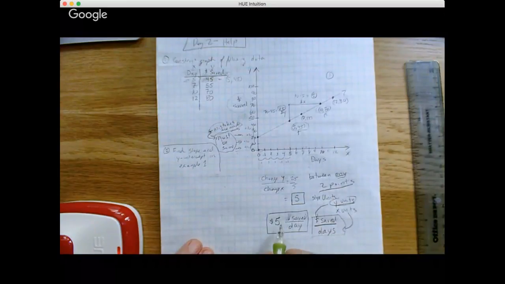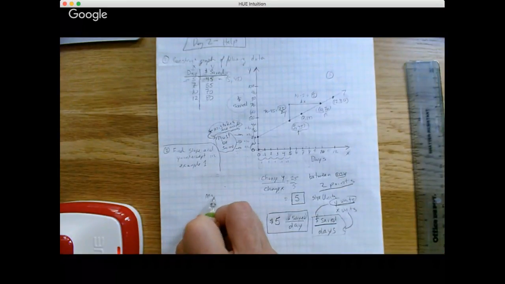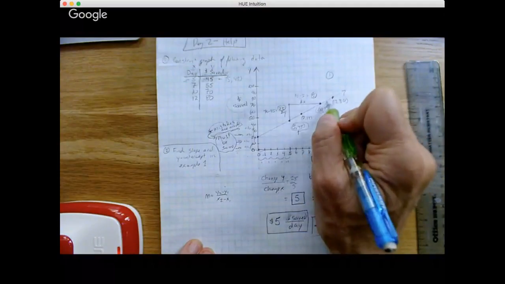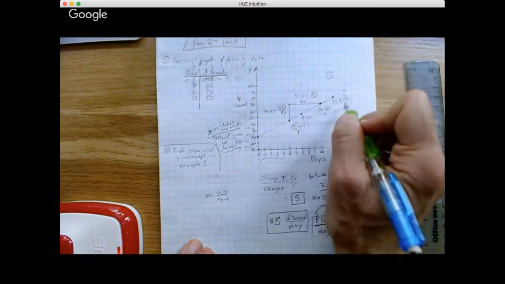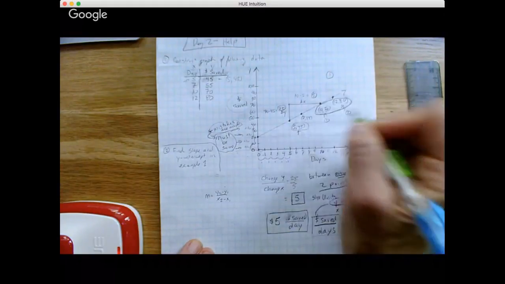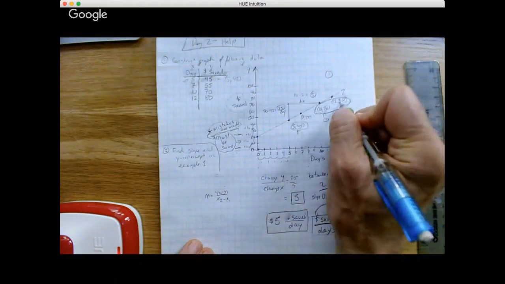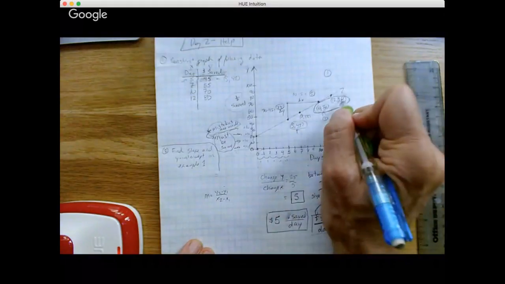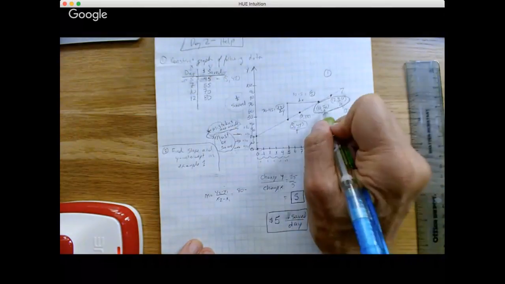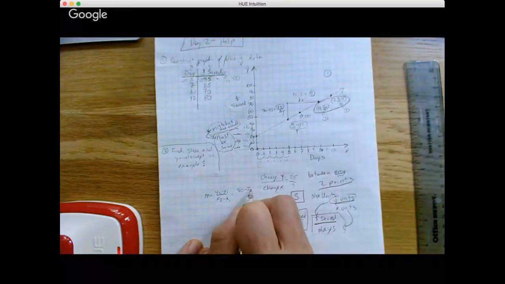Okay, another way to calculate slope is to use the slope formula, which is m equals y2 minus y1 over x2 minus x1. Let's just use 2 other points just for fun. Let's use these 2 points. We'll call this our second point and this our first point. So our y2 is 80, minus our y1, which is 70.